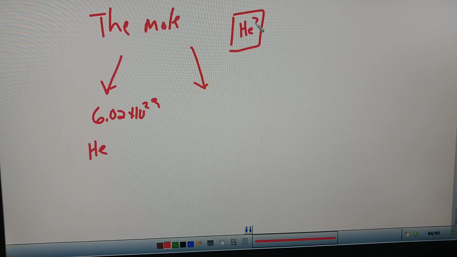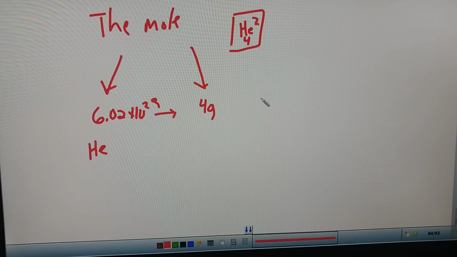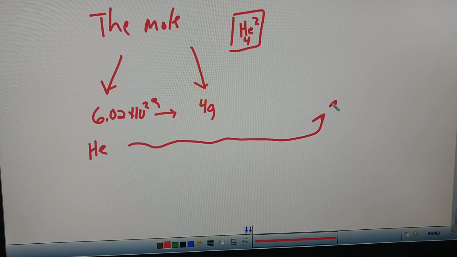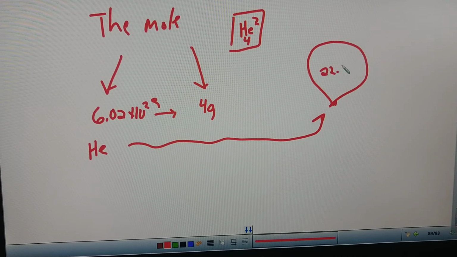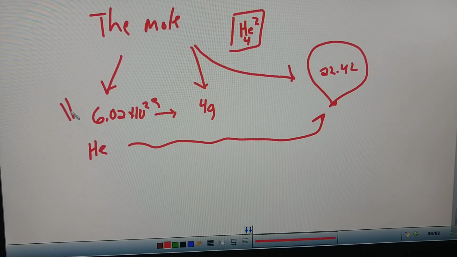So helium's number 2, it has a weight of 4. So if we had this many atoms of helium, it would weigh 4 grams. And if we put that helium into a balloon, it would fill that balloon up to 22.4 liters of space. So the mole means a number, it means a mass, and it means volume.